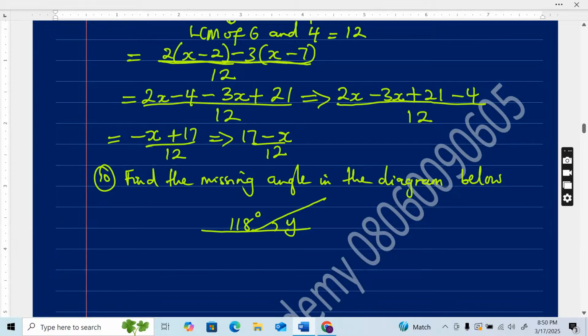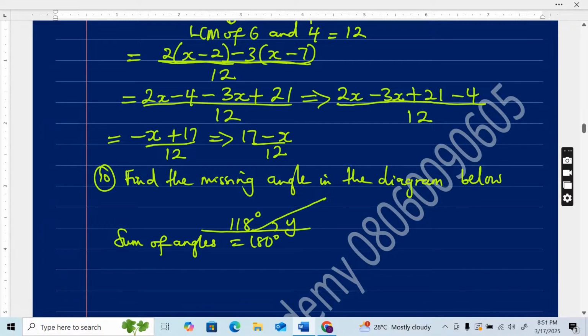Angle on a straight line is equal to 180 degrees. The student with Juliet Adesua, you are correct. Awesome. Straight line angle. So which means sum of angles on a straight line. Sum of angles is equal to 180 degrees.